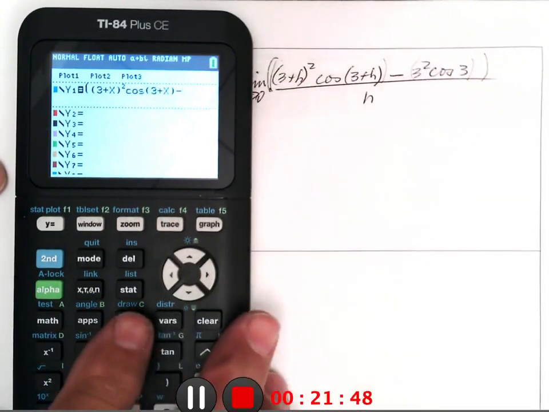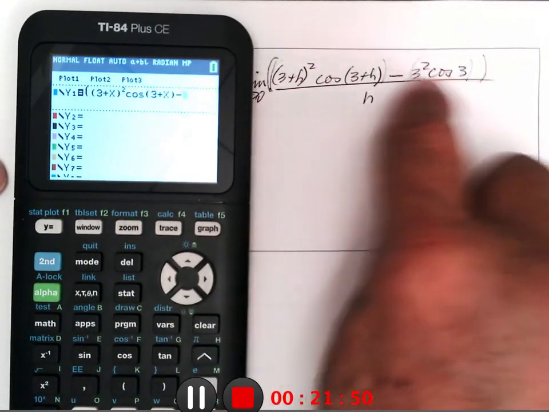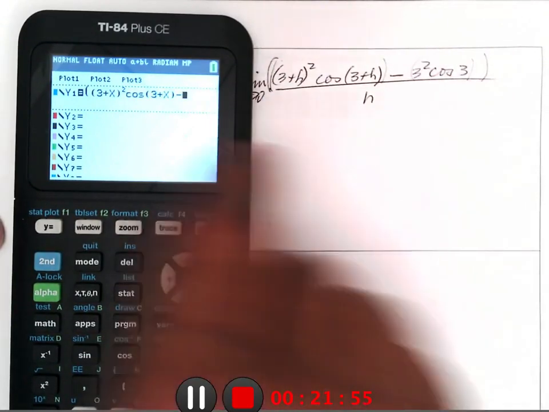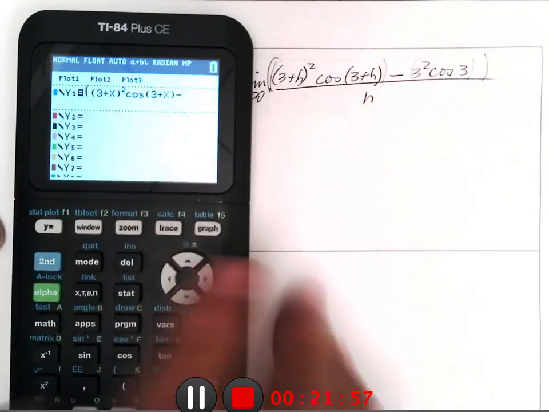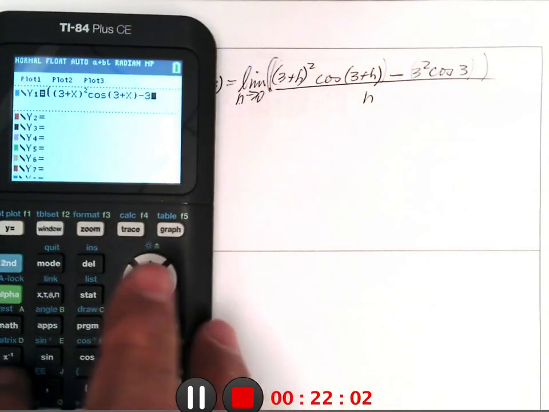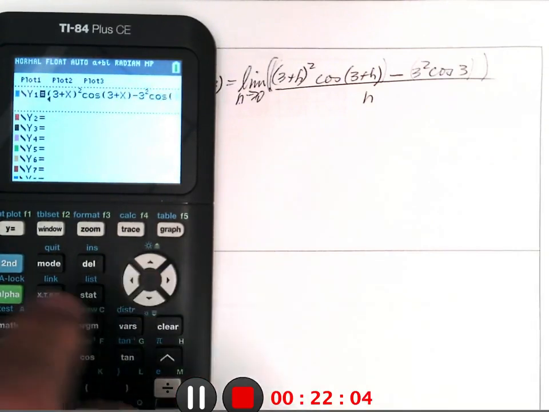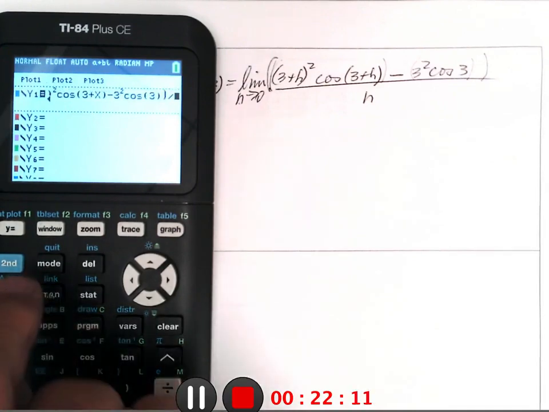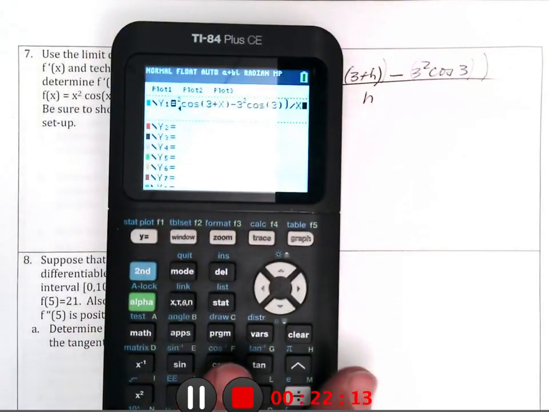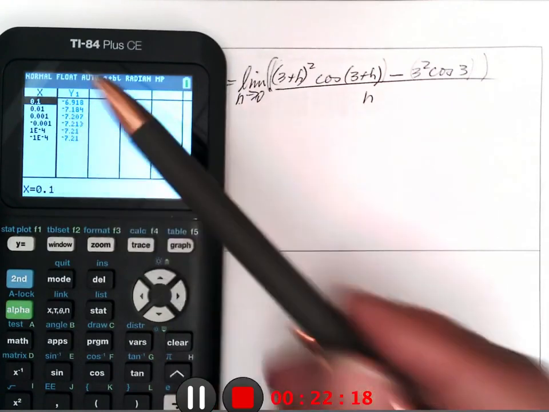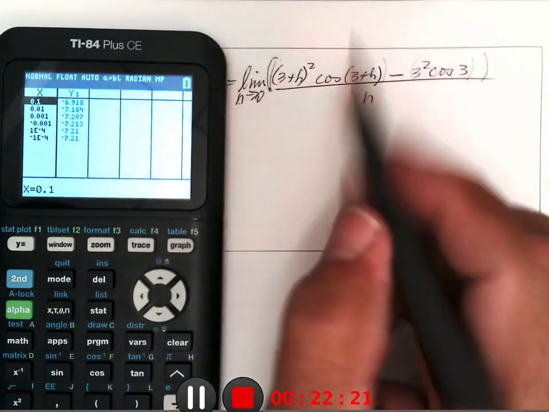I'm not putting them on these because this is all multiplied, so I don't need to worry about distributing the minus. So I'm just making sure I've got a parenthesis for the whole numerator. So it'd be minus 3 squared cosine 3, close parenthesis for the cosine, close parenthesis for the numerator, divided by the denominator, x or h. And then I got to look close to 0. And I've done that before, and I'm getting negative 7.21.